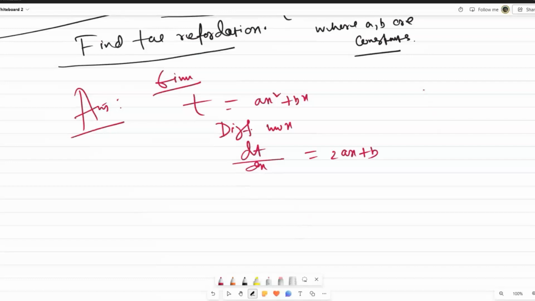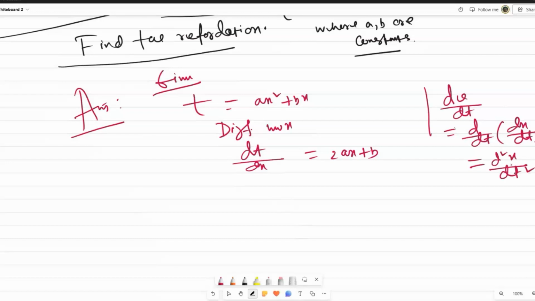But we need what? We need dv by dt. We need d by dt of dx by dt, which is a mathematical form, d square x by dt square. This is called second derivative. We need this. But we got dt by dx. What to do?